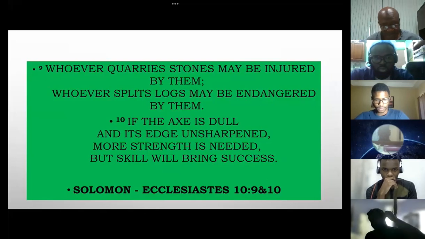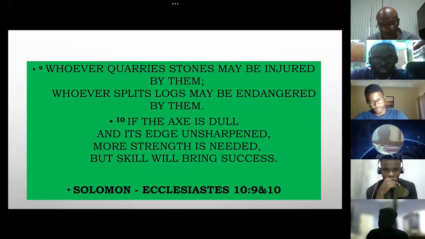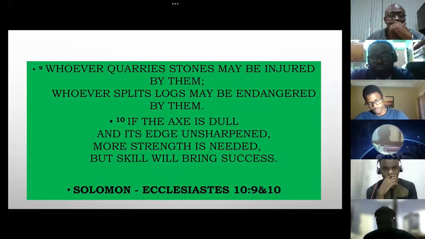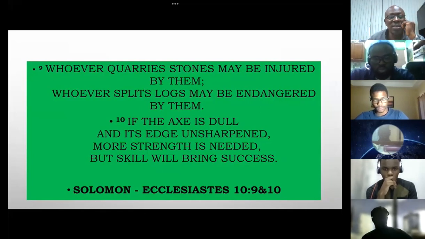But the kicker here is that if the axe is dull and its edge unsharpened, more strength is needed, but skill with skill will bring success. So we can't come to networks with a dull axe, meaning we have to be on top of the theory. We have to be on top of the material that is presented.